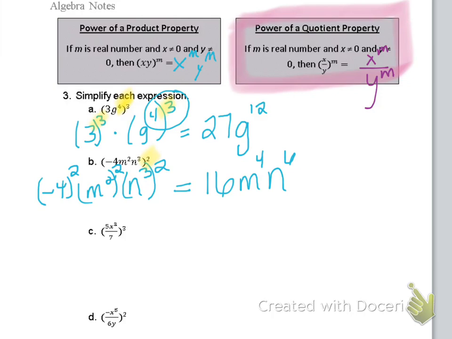So let's try a couple examples of this. So we have 5x squared on the top and 7 on the bottom, and we're going to hold both of those to the cubed power because that's our power here. So we have cubed and cubed. Okay, so now we actually have to distribute this cubed to the 2 factors in parentheses that are being multiplied.